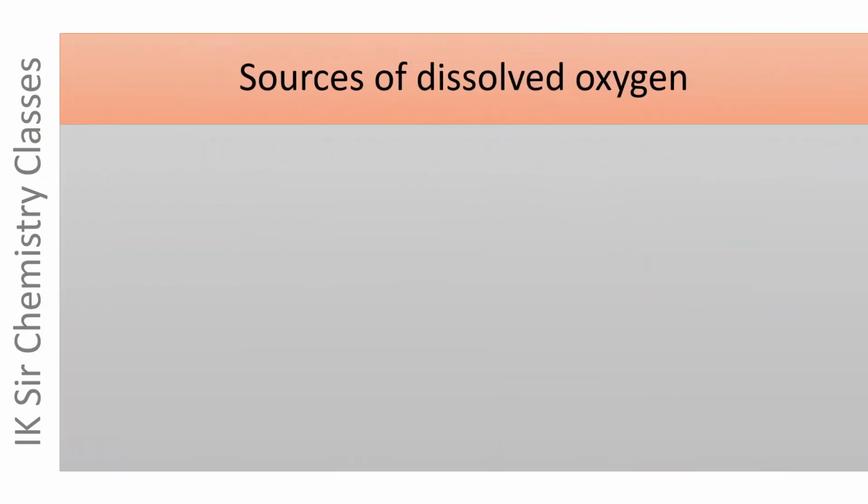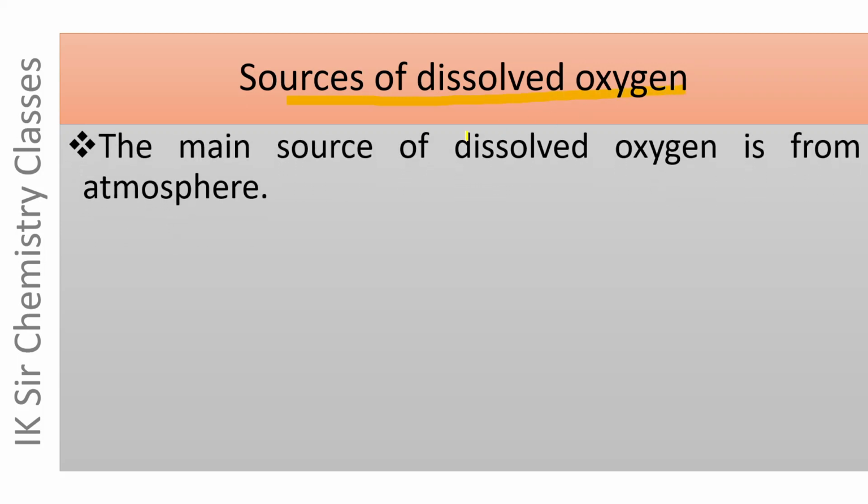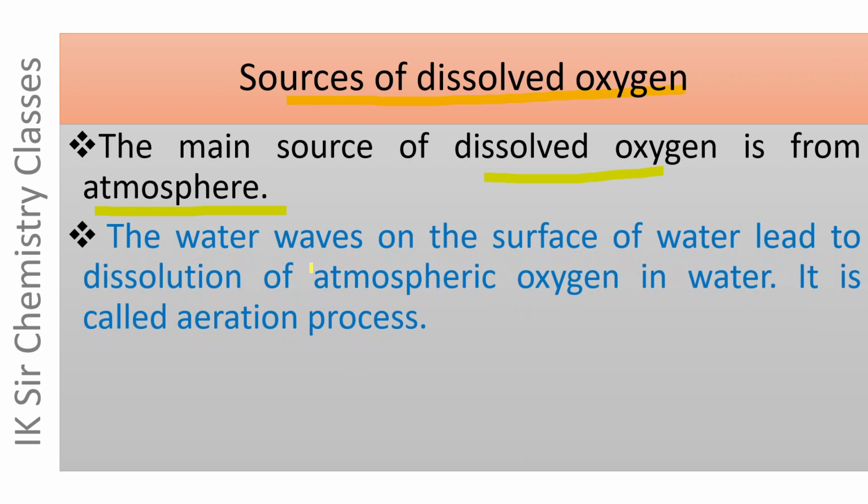These are the importance of dissolved oxygen, and now the sources of dissolved oxygen. The main source of dissolved oxygen is the atmosphere. The water waves on the surface of water lead to dissolution of atmospheric oxygen in water.